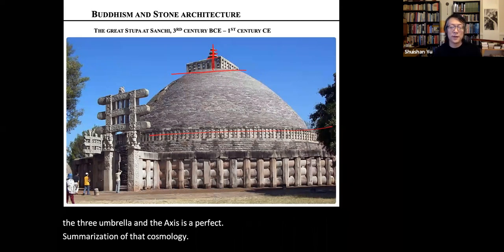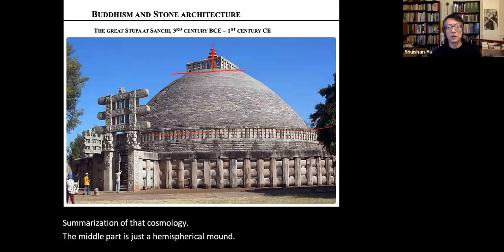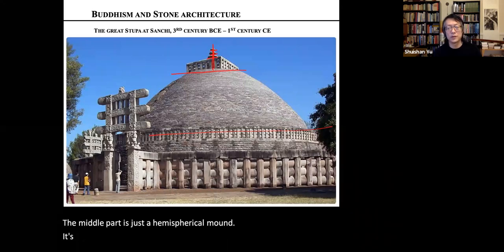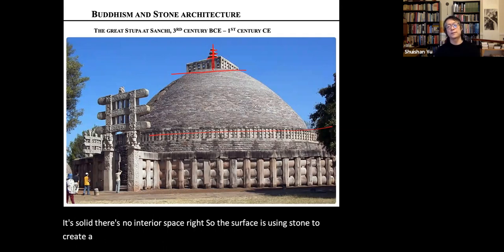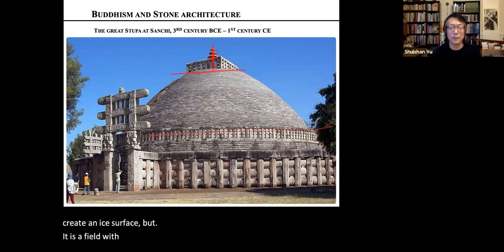The middle part is just a hemispherical mound. It's solid. There's no interior space, right? So the surface uses stone to create a nice surface, but it is filled with dirt, earth.